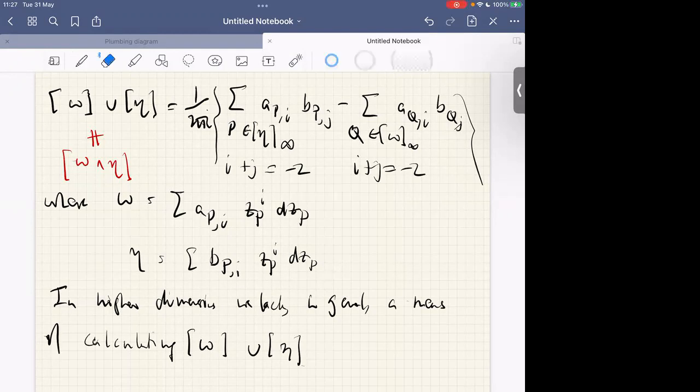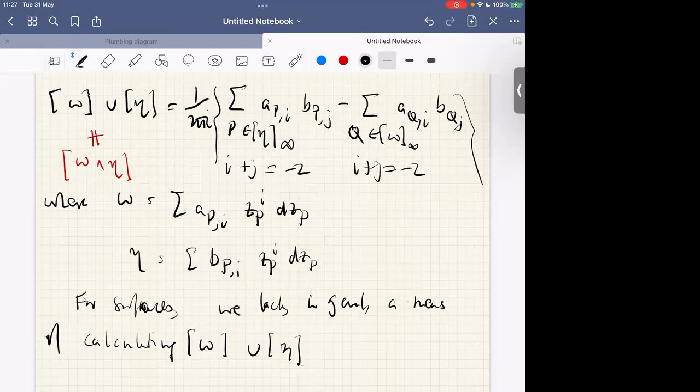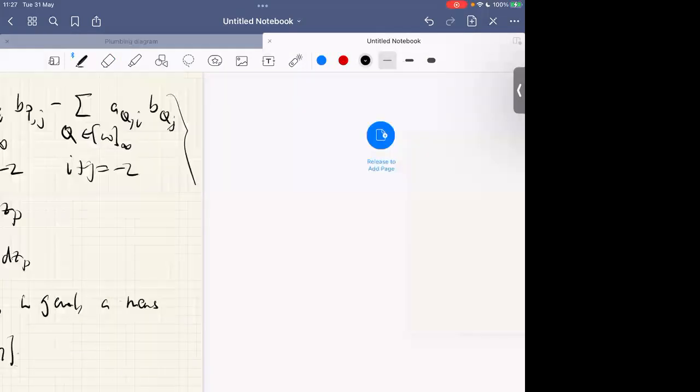So when I say for surfaces, it's probably better to say elliptic surfaces. But for elliptic surfaces, we can do something.